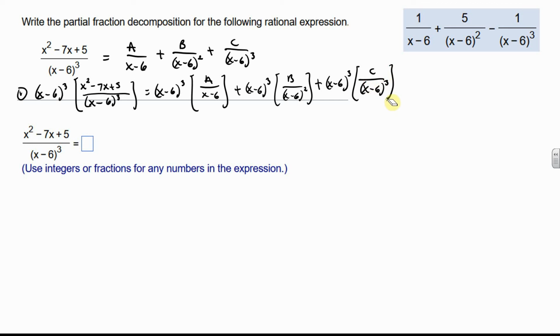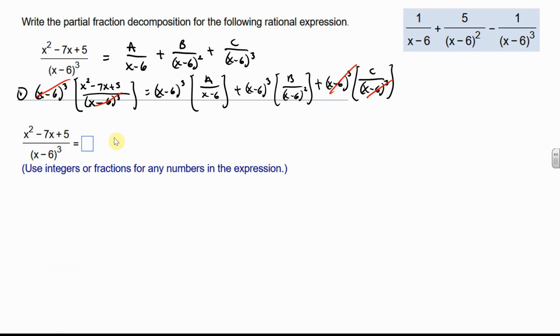All right. So we do that to clear the fraction, right? So here, that's going to cancel. Now, automatically, over here for this C part, that guy is going to cancel there because they're the same. And then we do some simplification for the rest.